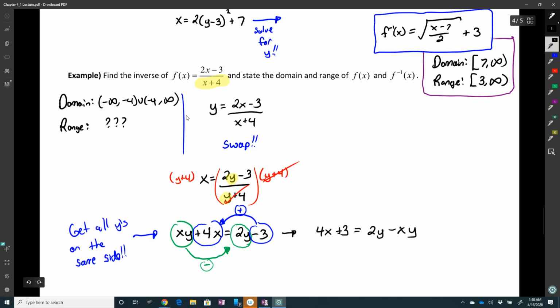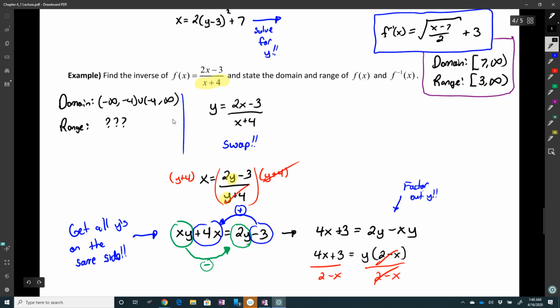The reason we wanted to get all our y's together is that now we can factor it out. So I have 4x plus 3 equals y, parentheses 2 minus x. And then I can easily solve for y by just dividing by the 2 minus x.